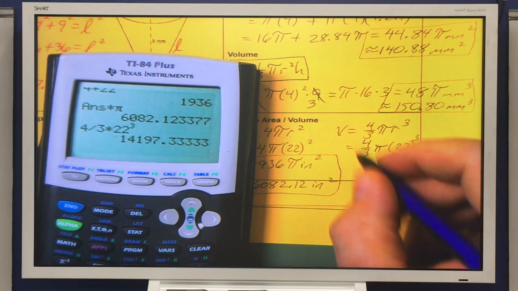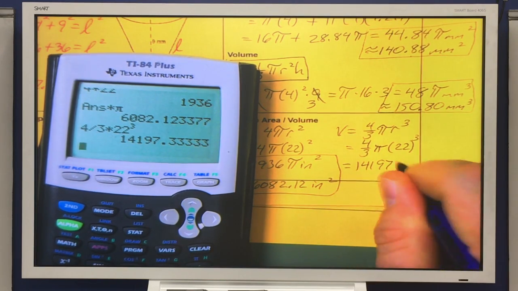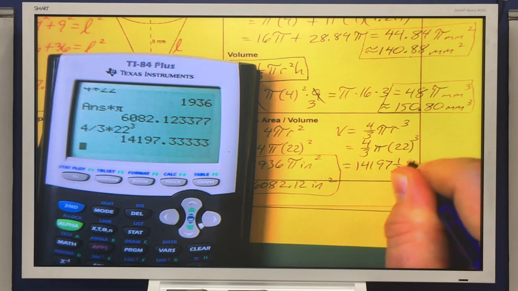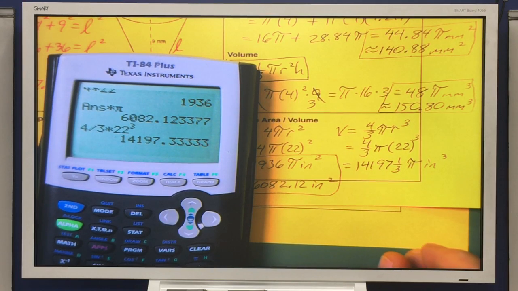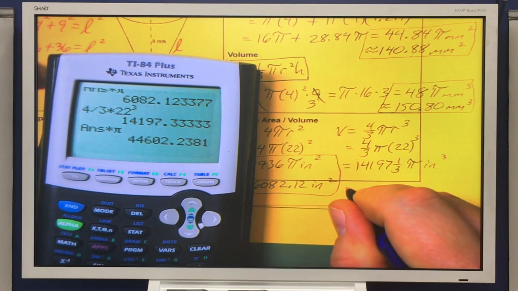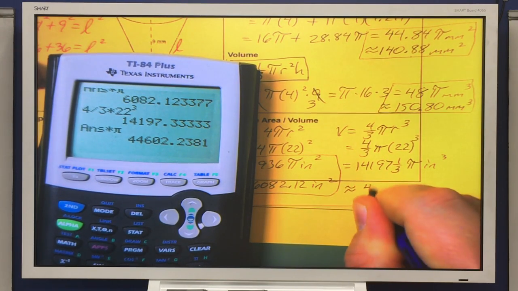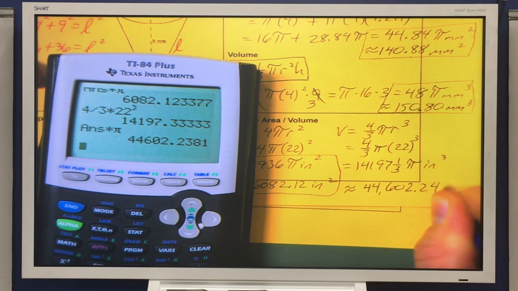And I get this wacky number. 14197 1/3 pi inches cubed. And if I multiply that by pi, I get 44,602.24 inches cubed.